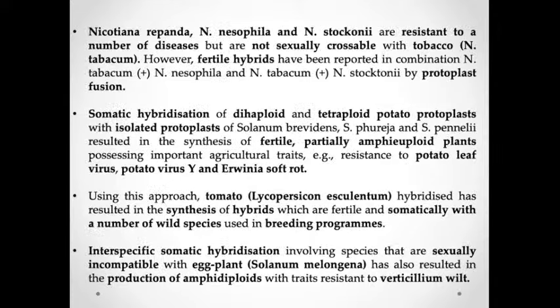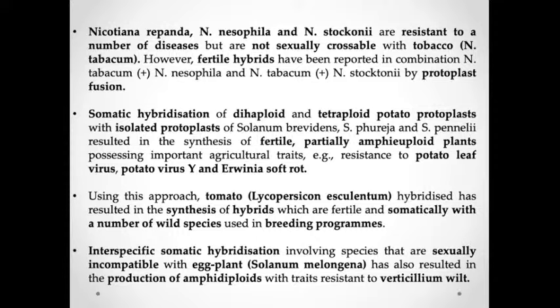Further, Nicotiana repanda, Nicotiana nesophila, and Nicotiana stocktonii are resistant to a number of diseases but are not sexually crossable with tobacco. However, fertile hybrids have been reported in the combinations Nicotiana tabacum with Nicotiana nesophila, and Nicotiana tabacum with Nicotiana stocktonii, by protoplast fusion. Using this approach in tomato, hybridization has resulted in the synthesis of somatically fertile hybrids with a number of wild species used in breeding programs.